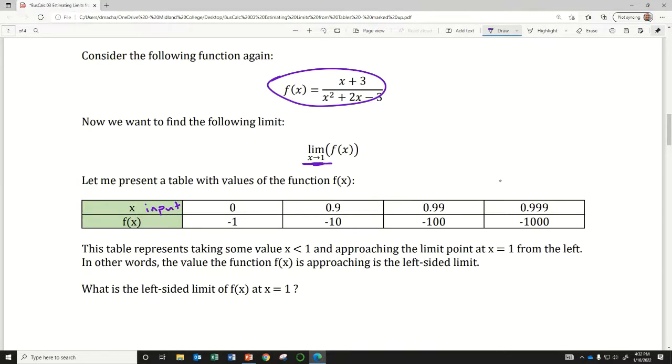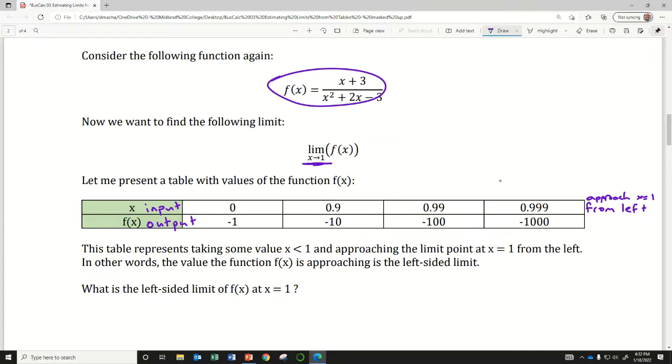So I'm going from 0 to 0.9 to 0.99 to 0.999. In the output of the function, we're going to see what happens as I get closer and closer to x equals 1. So in the input, we approach x equals 1, and it seems like we're approaching x equals 1 from the left.